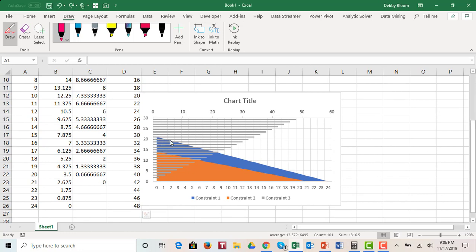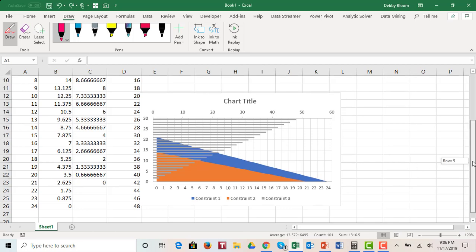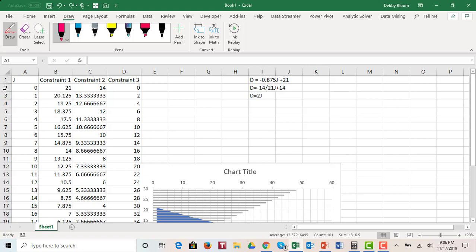So this corner point is going to be the y-intercept. So basically when our j is 0, where the orange, which is constraint 2, is going to hit. So if we scroll up, we can see over here that when j is 0, for our first constraint, our intercept is 14.